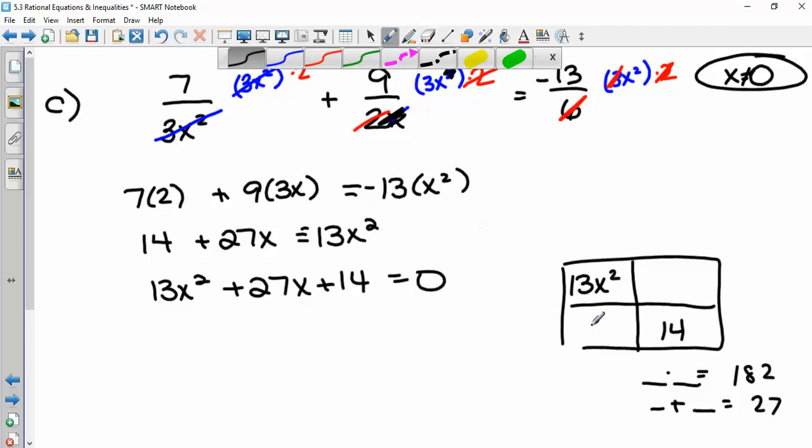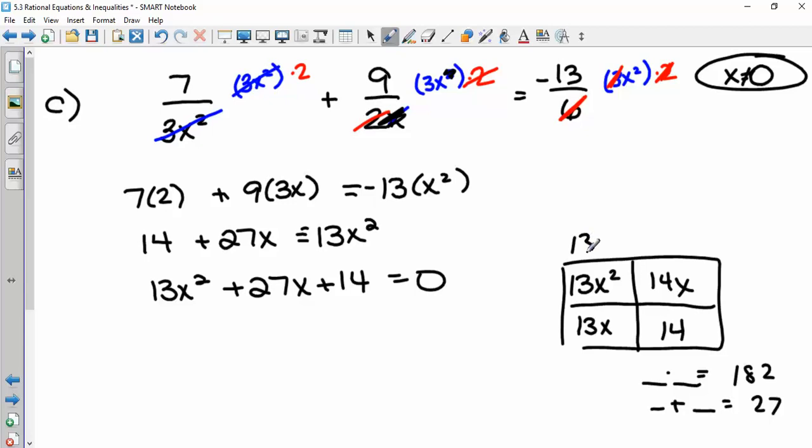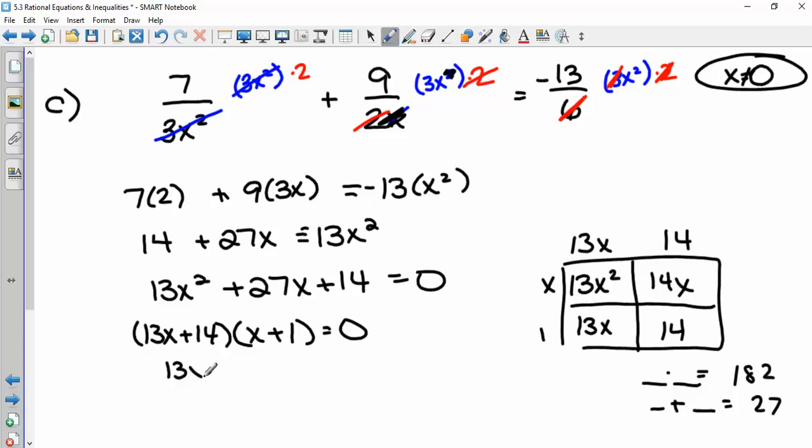13 and 14. Okay, so we can factor, we can take out 13x, 14x, and 1. So we have to set each of those equal to 0.